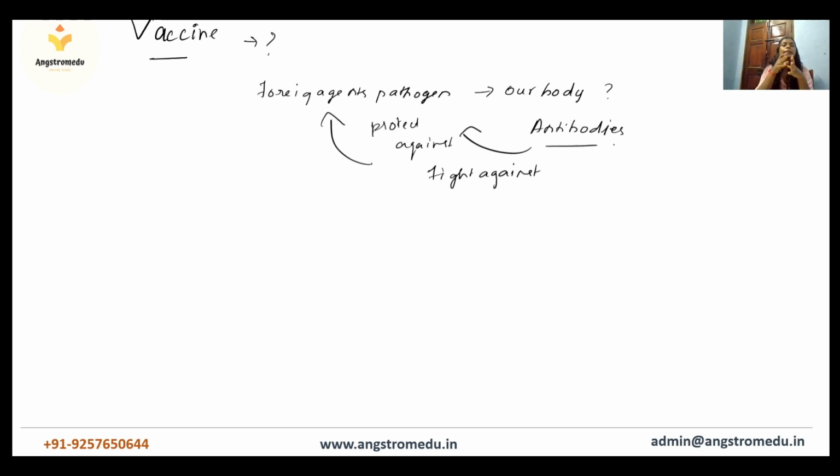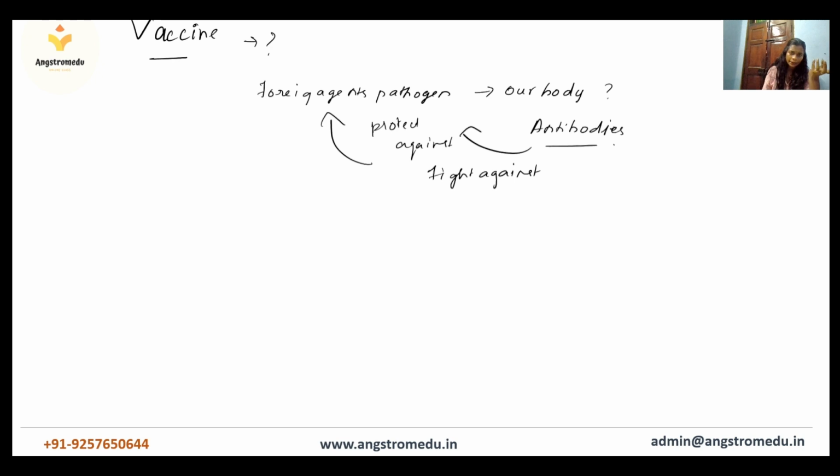Whenever we fall sick, there might be entry of some microorganisms like bacteria, fungi, viruses, etc., which we altogether consider a foreign agent or pathogen. Whenever it enters our body, our body will produce antibodies.